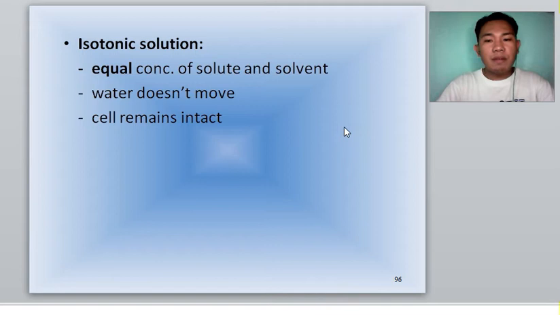Lastly, we have isotonic solution. The isotonic solution has equal concentration of solute and solvent. Thus, water doesn't move if we place a cell in our solution. That is why the cell will remain intact.